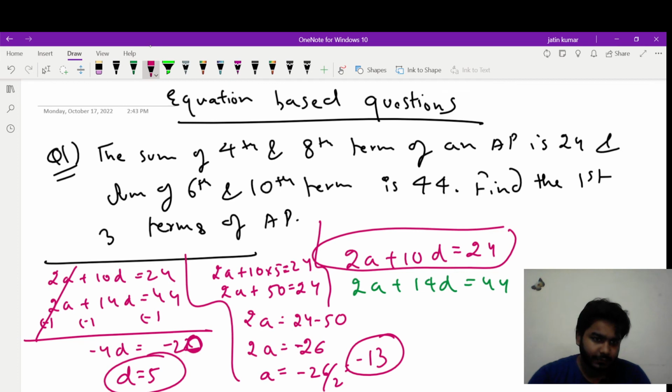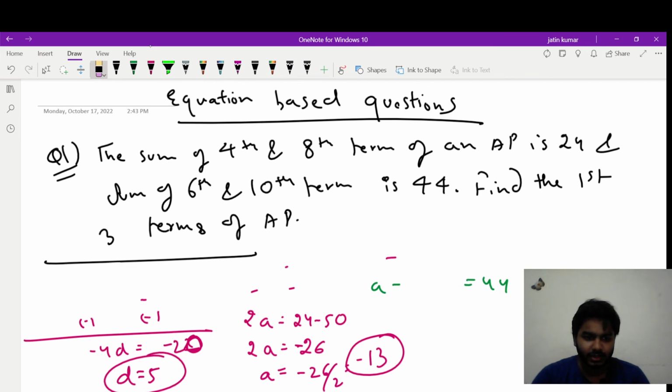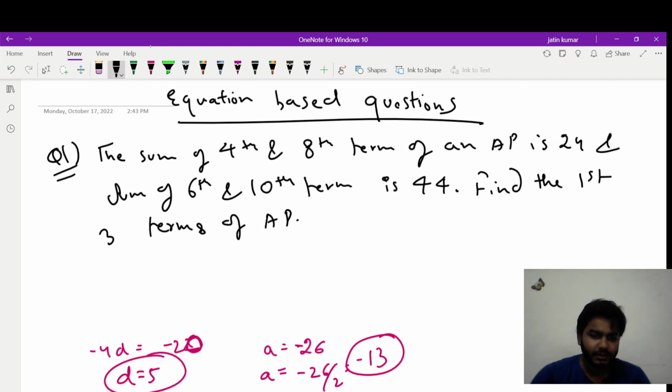Okay, now you have got the value of a, you have got d also. d is 5, a is minus 13. So can you form the AP now? Yes, we can form the AP, because a is nothing but the first term. So the first term we have got is minus 13. Now the second term will be minus 13 plus 5. You will keep on adding d.